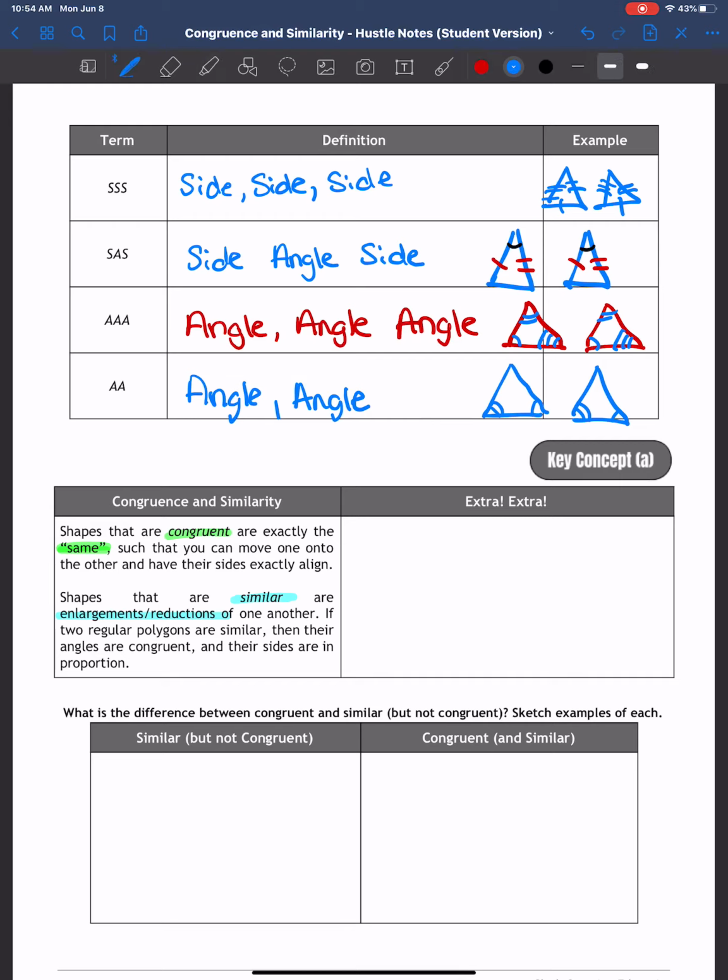So here are some key things you need to remember. Congruent are rotations, reflections, and translations.